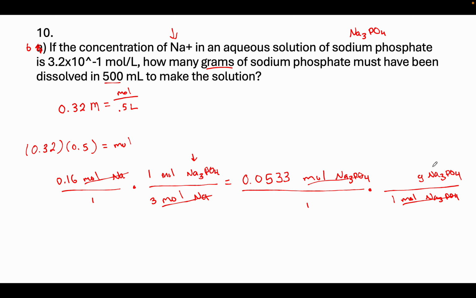It's 163.936, but I'm going to keep it simple and just do 163.94. So 0.053 times 163.94 equals 8.74 grams of sodium phosphate. There we go. 8.74 grams of sodium phosphate.